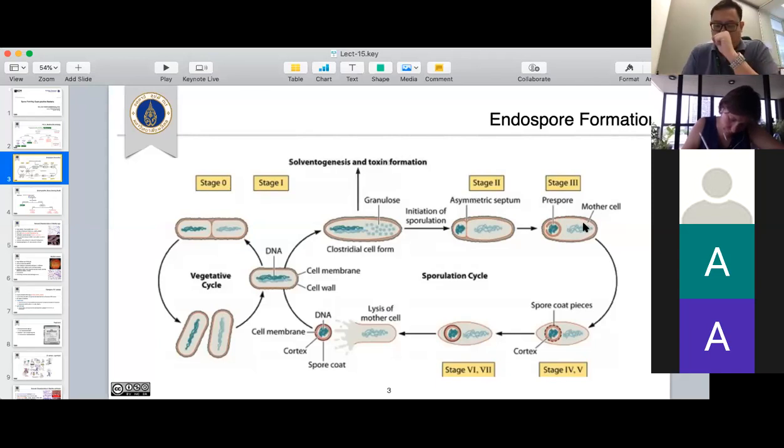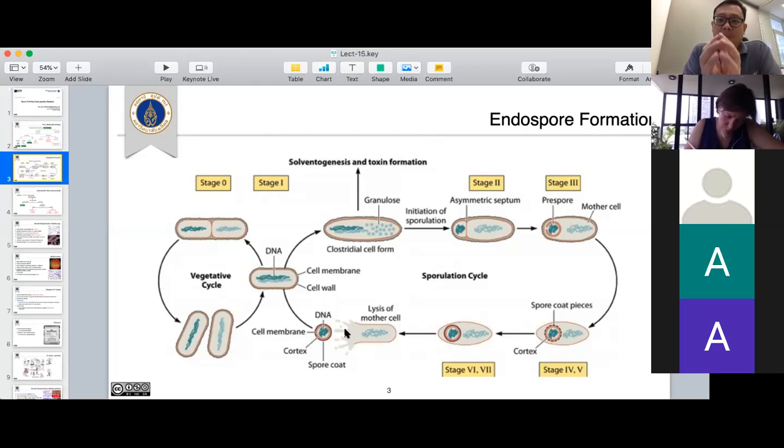Finally, the chromosome of the mother cell is digested. Once the chromosome of the mother cell and its proteins are digested, the endospore remains inside the cell. But the cell dies. The cell cannot have any more function. The endospore is kind of packed. Once the mother cell lyses, the mother cell dies completely. The endospore can tolerate the harmful environment.